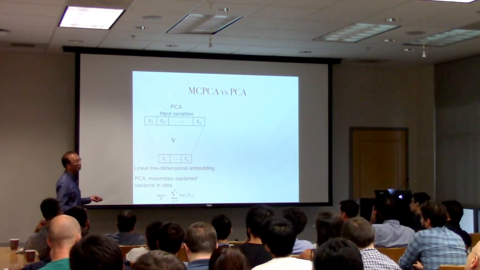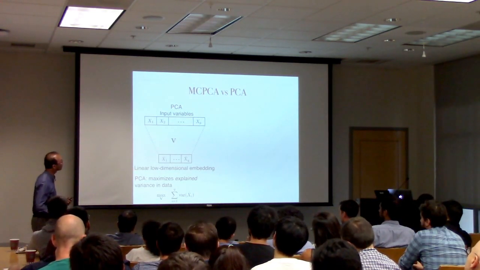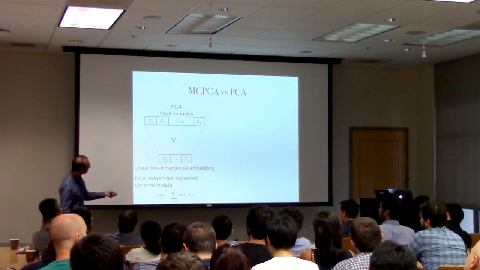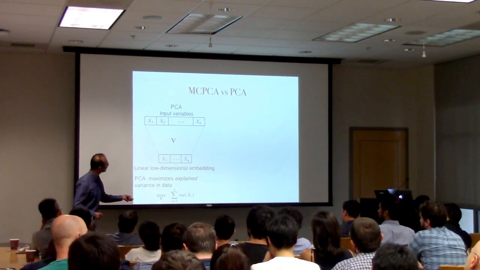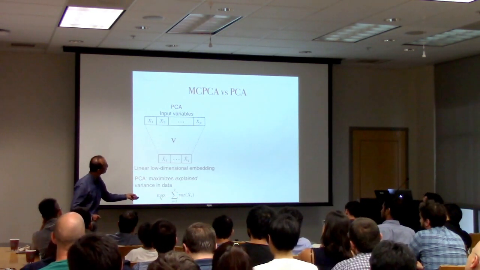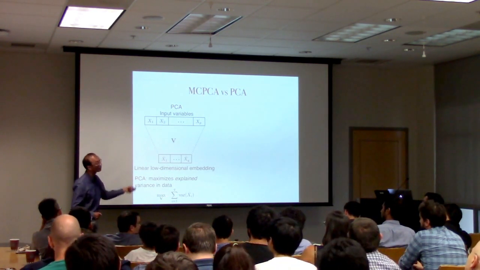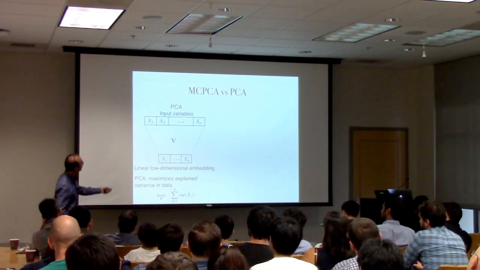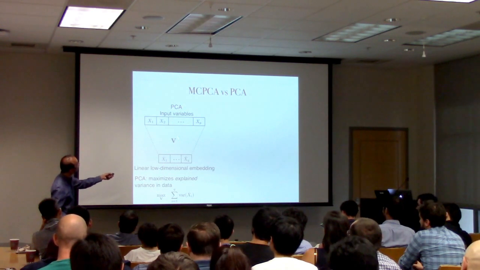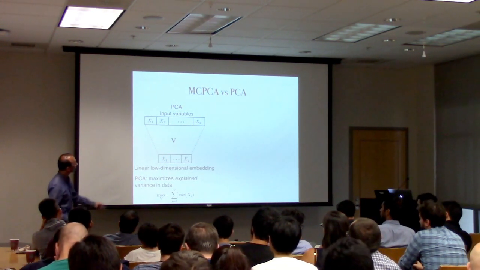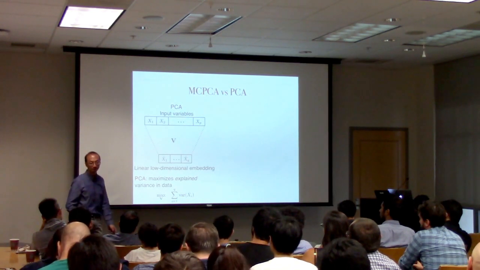One interpretation of PCA, which I like to use here to connect it to MCPCA, maximum correlated PCA, is that in effect you're choosing V to maximize the sum of the variances of the transformed variables. So PCA can be interpreted as choosing the best low-dimensional embedding to capture as much variance as possible.